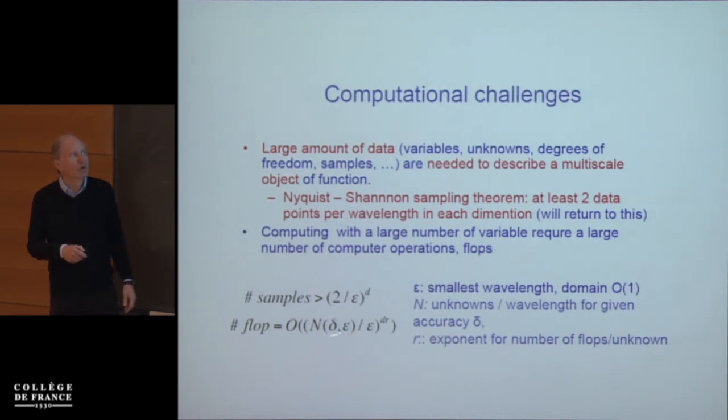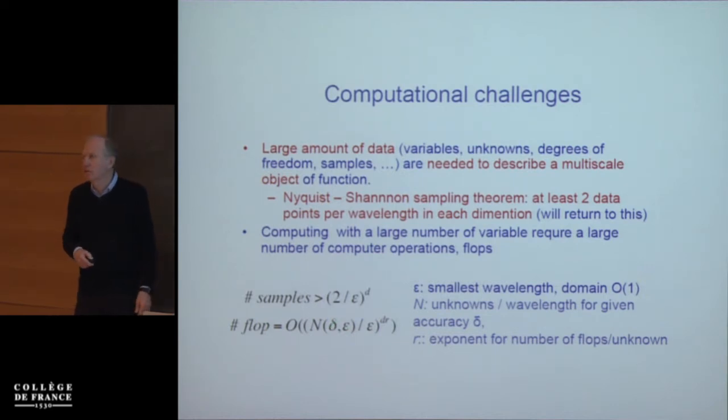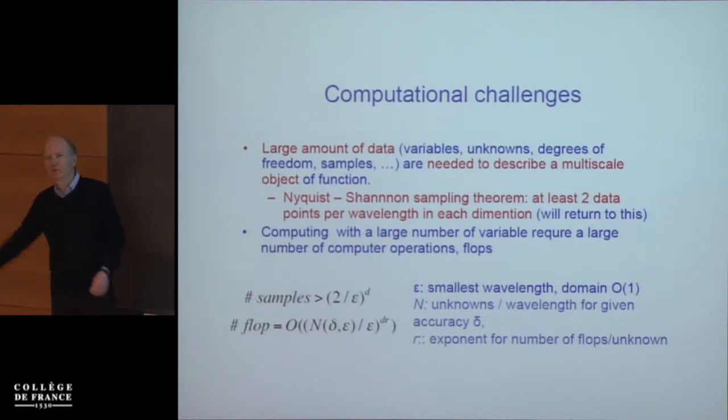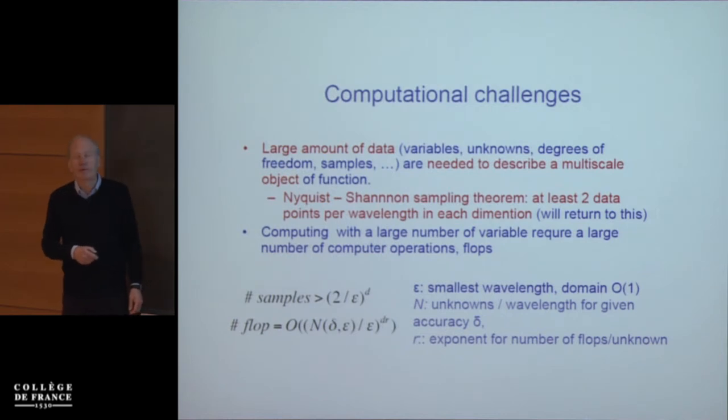But typically you need more than 2 points per wavelength in order to represent a process, like a differential or integral equation, to a certain accuracy. So the n would be the number that you multiply, instead of having 2, by epsilon inverse. That would be the number of unknowns. And that depends, of course, on the accuracy you are interested in. It also depends on how many wavelengths you need to deal with, and that depends on the problem.